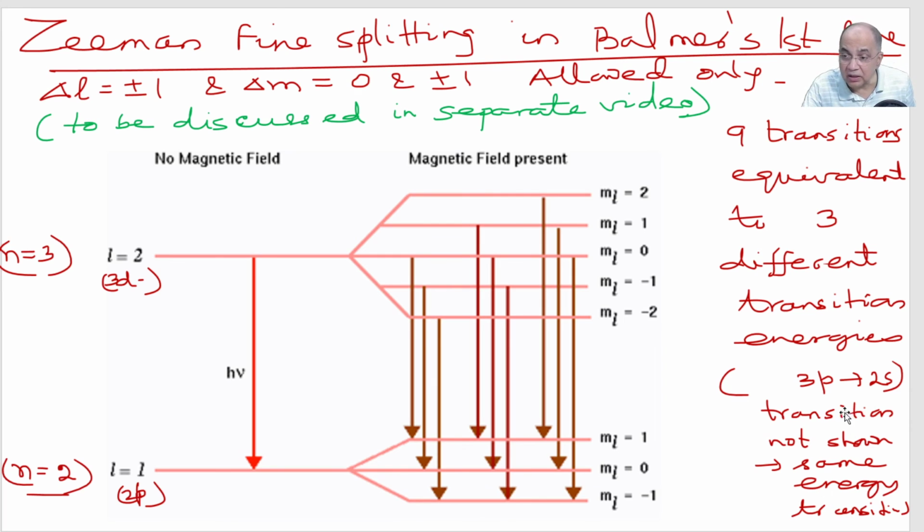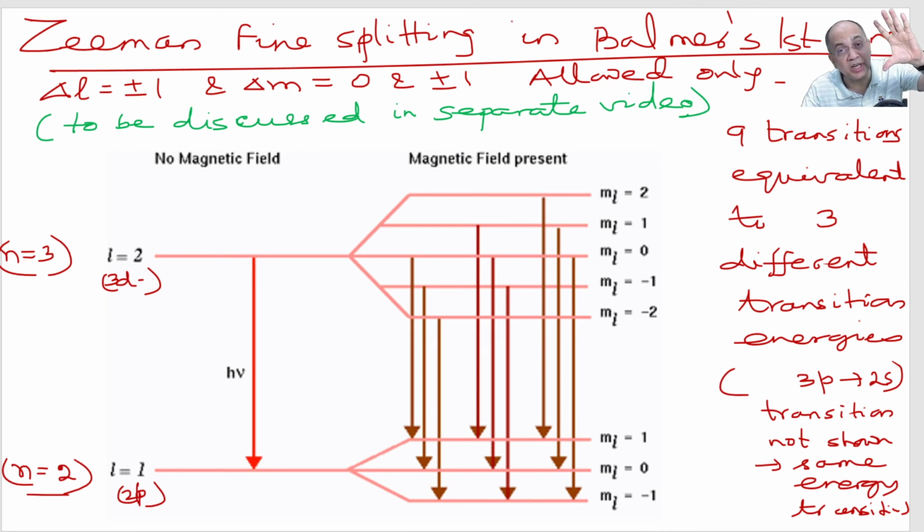And the other transition which is also allowed is when l equals 1, 3P to 2S, where l equals 0. So that also has delta l equal to 1, so that is also an allowed transition. When l equals 1, there will be 3, and when l equals 0, there will be 1, so there will be 3 more transitions.